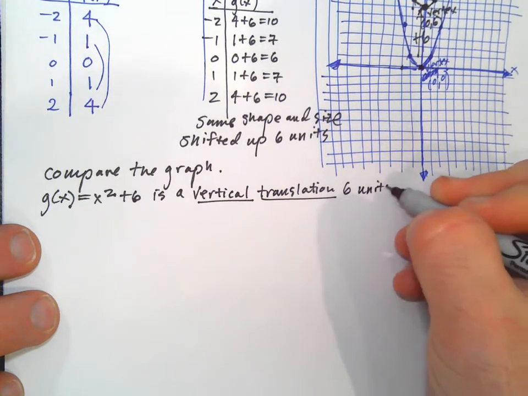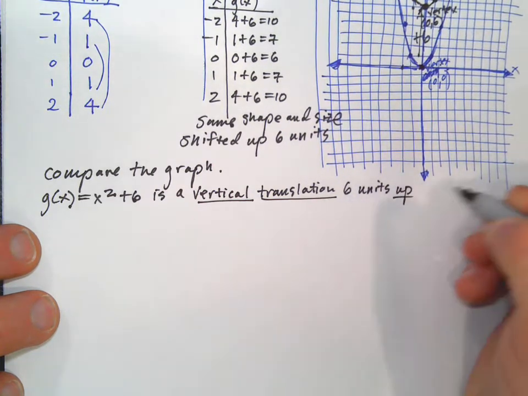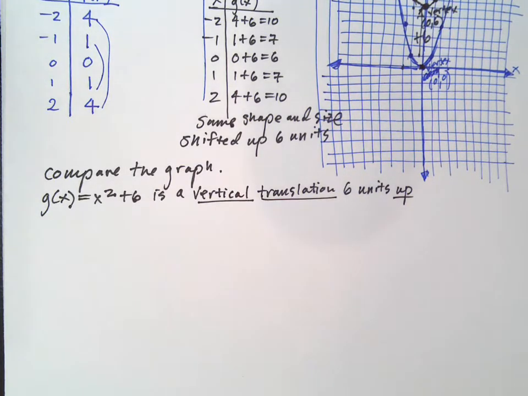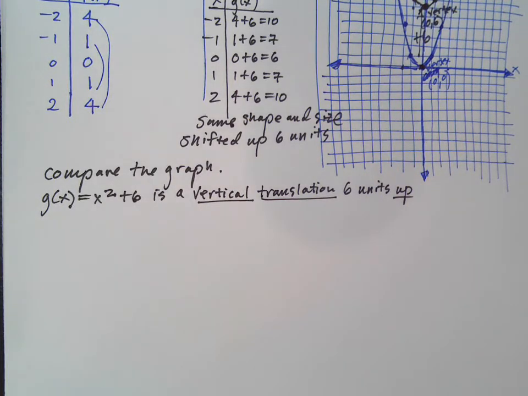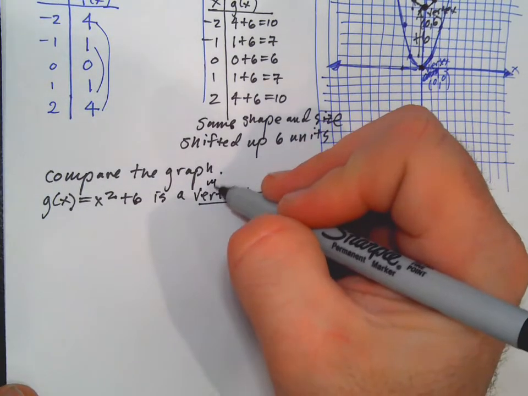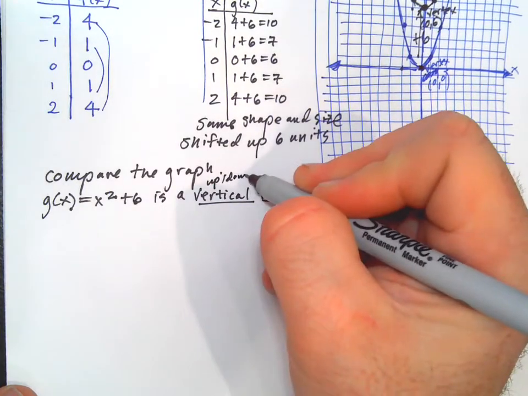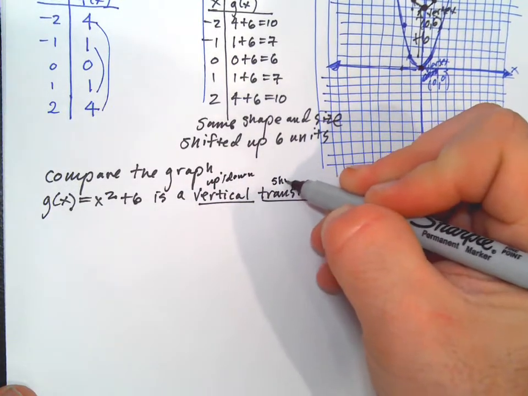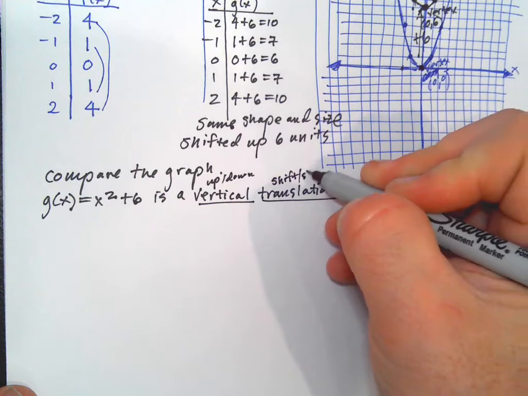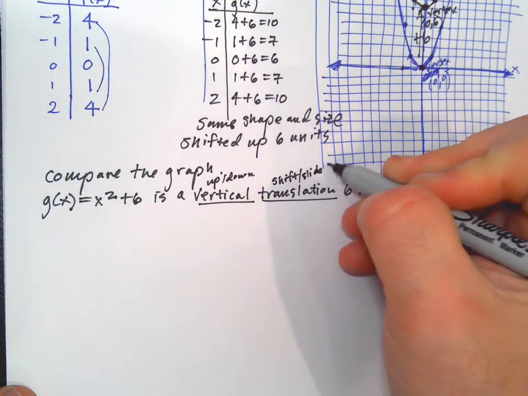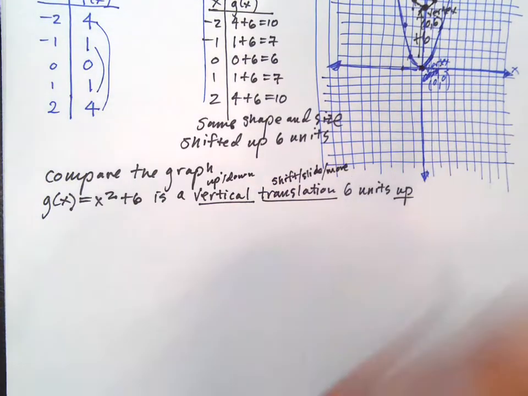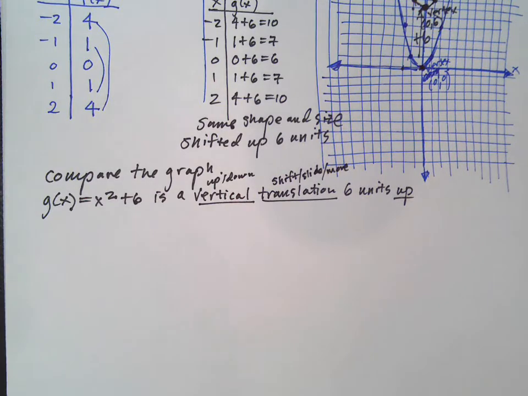That's how much, and up tells you the direction. So we say vertical if it's up or down. We're going to look at some later that move left to right. That'd be horizontal. So vertical is up, down. Translation is a fancy word for shift or slide or move. Okay. So that's what we're going to be doing.